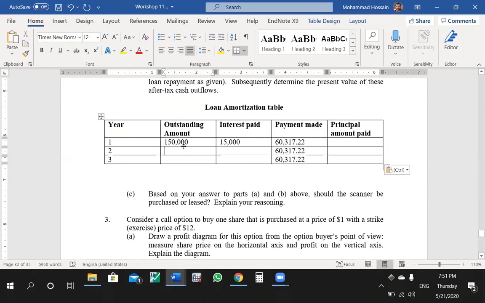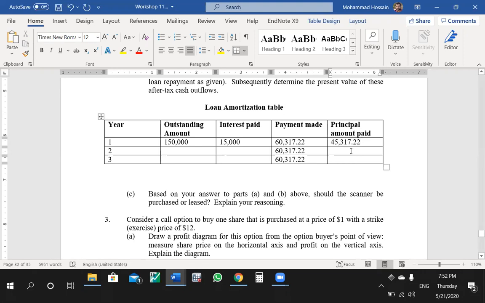How much will be interest in here? How much will be left? So 60,000 payment minus interest paid. So 150 minus 60 equals the principal amount paid. In this case, this one is 45,317.22.